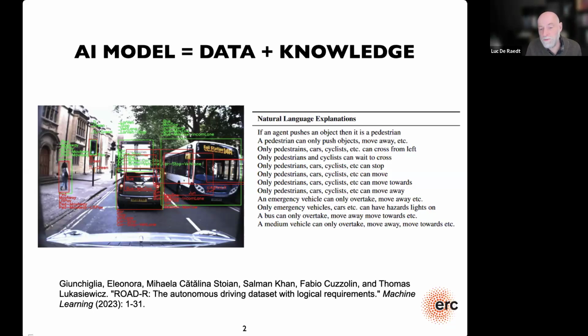What's especially of interest for neurosymbolic AI is that there is a balance between data and knowledge, in the sense that the current focus in AI is very much on data, but data is not always available, and even if it is, it's not always useful, because we want our knowledge that we already have to be respected and used.